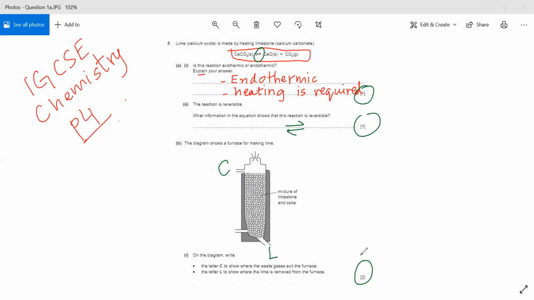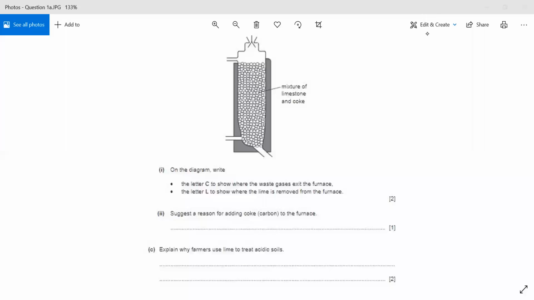Now we have the next part of the question. So what are they asking us? Suggest a reason for adding coke, carbon, to the furnace. So this is for heating. Whenever we say for heating, what does it mean? We want to raise the temperature.